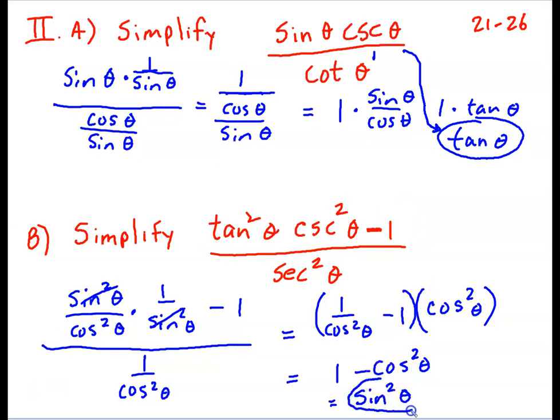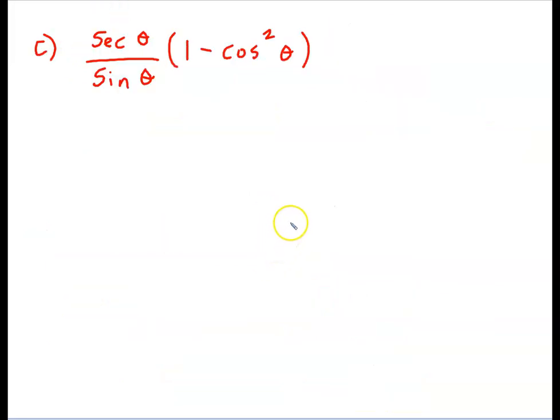All right, so let's move on to our last example. So letter C, once again, if it's possible, you want to convert things into sine and cosine. So secant is the reciprocal of cosine, so I could rewrite secant as 1 over cosine theta.